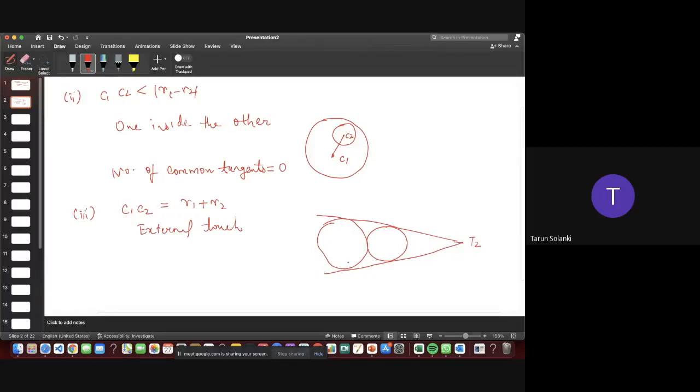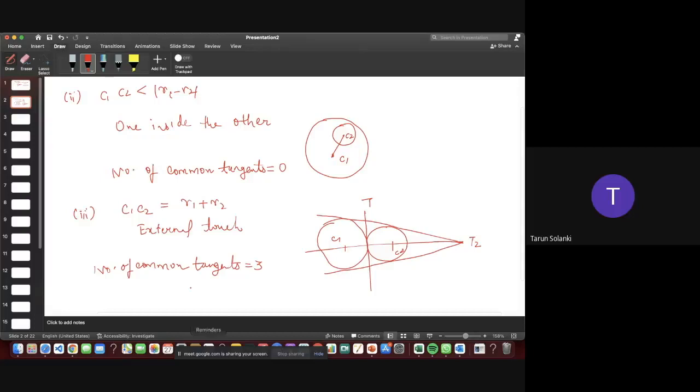This is T2. We can take C1 and C2, and here it's a T. So 1, 2, and 3. So a total of 3 tangents we are getting. So the number of common tangents is equal to 3, right?